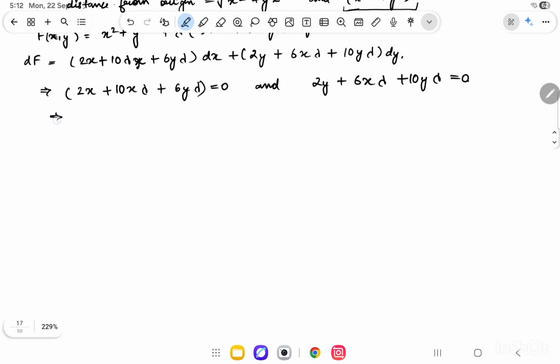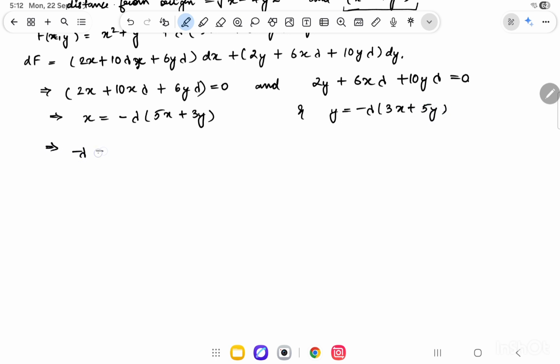If we simplify, from here we get x equals minus lambda into 5x plus 3y, and y equals minus lambda into 3x plus 5y. So minus lambda is x divided by 5x plus 3y, and also minus lambda is y divided by 3x plus 5y.